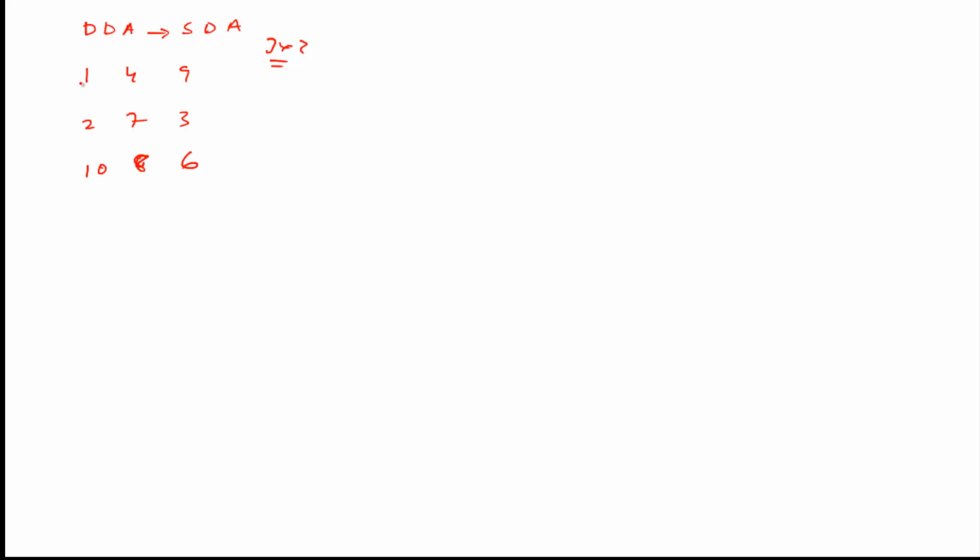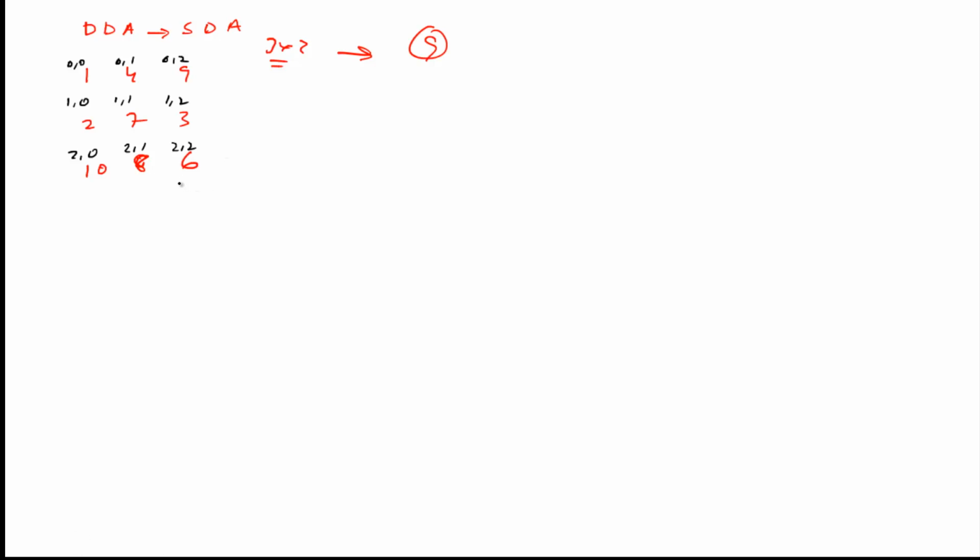When we convert this array, 3 into 3 means 9 elements in the single dimension. How will it convert? This is 0 0, 0 1, 0 2, 1 0, 1 1, 1 2, 2 0, 2 1 and 2 2.